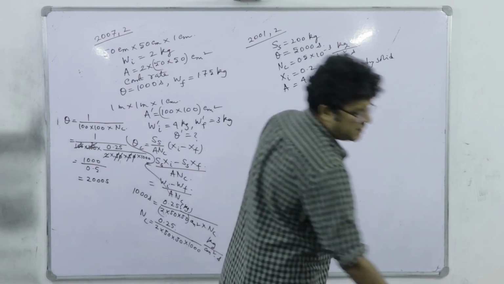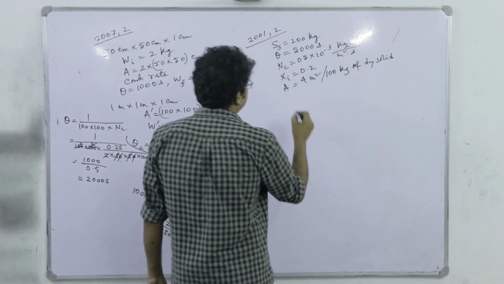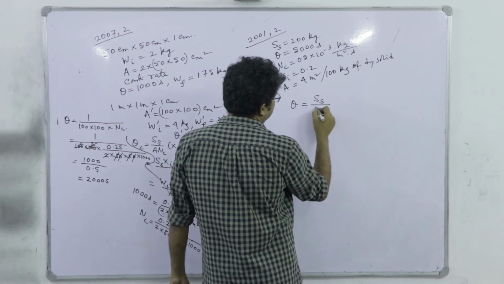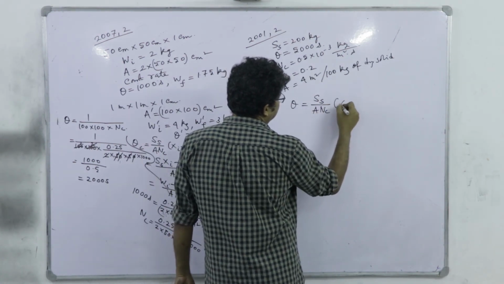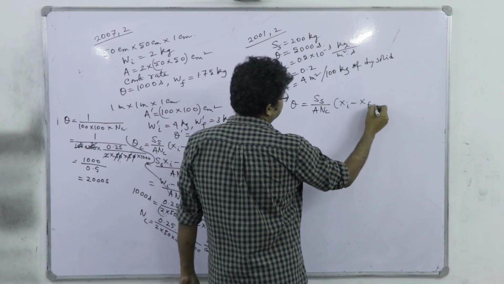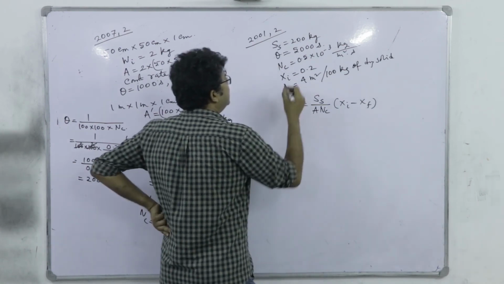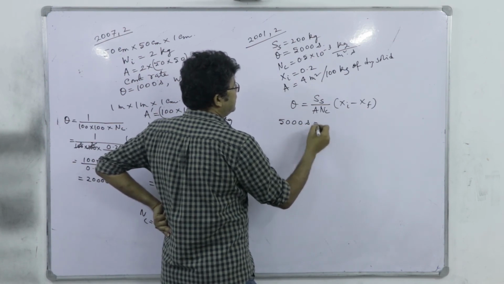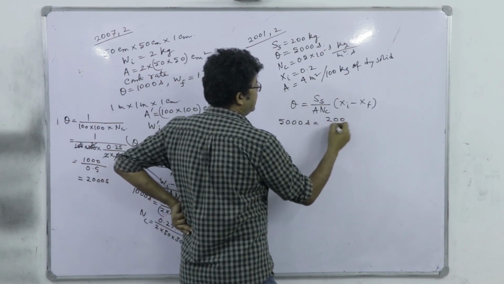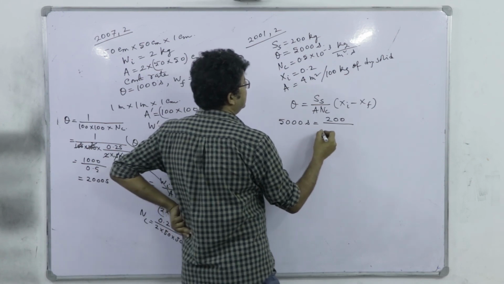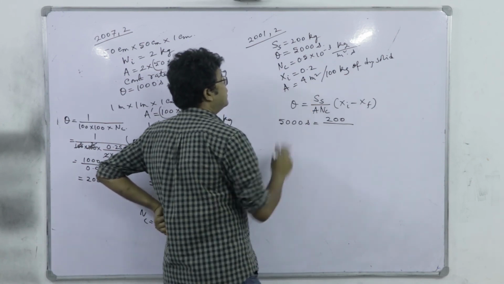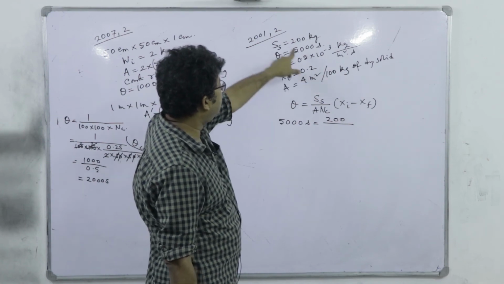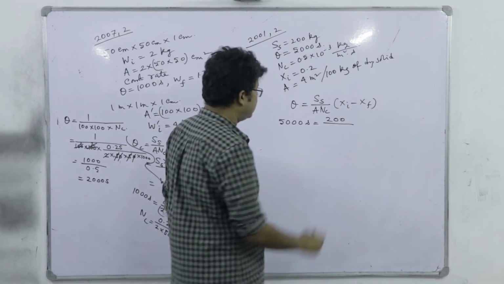So it's a pretty direct problem. So you see that theta is equal to SS by A NC into Xi minus XF. So theta is 500 seconds and weight is 200 kg. Area is 4 meter square per 100 kg of dry solid, so for 200 it is 8 meter square.